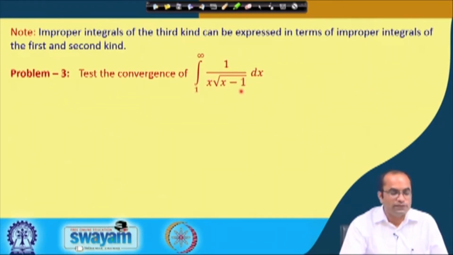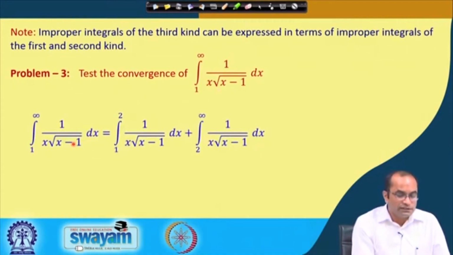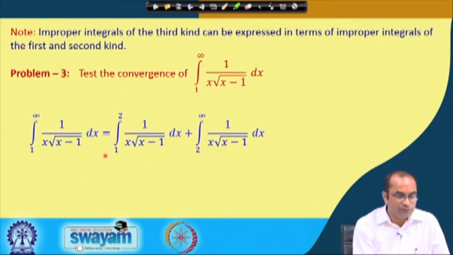Such improper integrals we can express in terms of the improper integrals of the first and the second kind, and then we can evaluate such integrals, or talk about their convergence. So, in this case our integral is from 1 to infinity of 1 over x square root x minus 1 dx, and we can break this into two integrals.